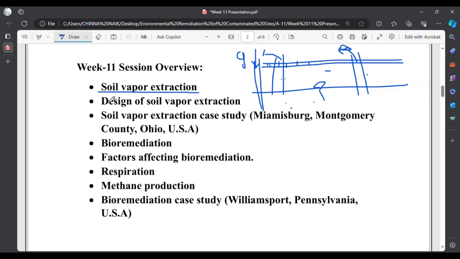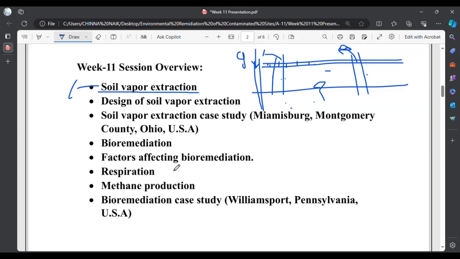In this method we also discussed how to calculate the total mass of contaminants to be removed. As with previous techniques, we derived the equation for the total mass of contaminant to be removed.